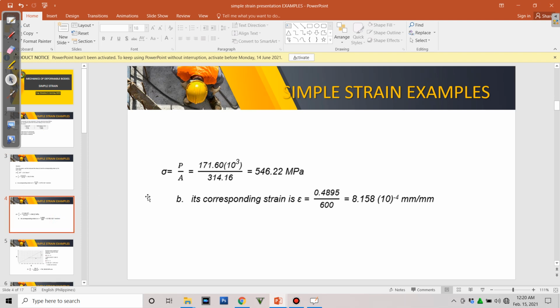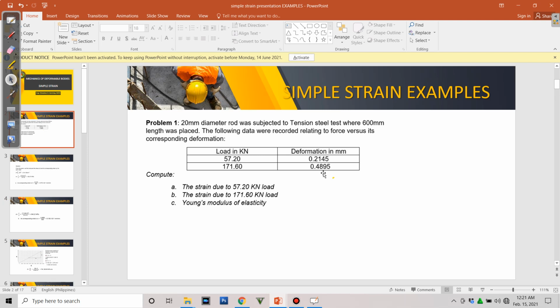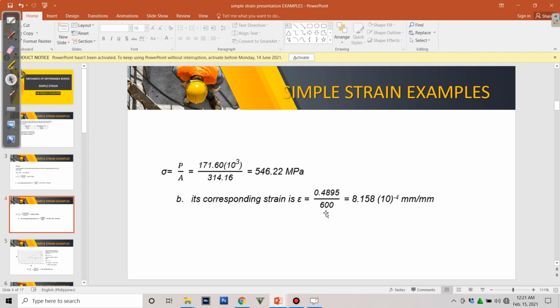Then we do the same with the second loading: 171.6 times 1000 divided by the same area, we yield 546.22 megapascal. The deformation increased to 0.4895, and dividing by the same length, we have a bigger strain equivalent to 8.158 times 10 raised to negative 4 millimeter per millimeter.